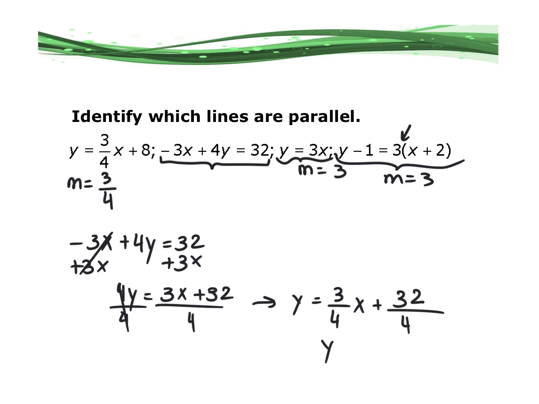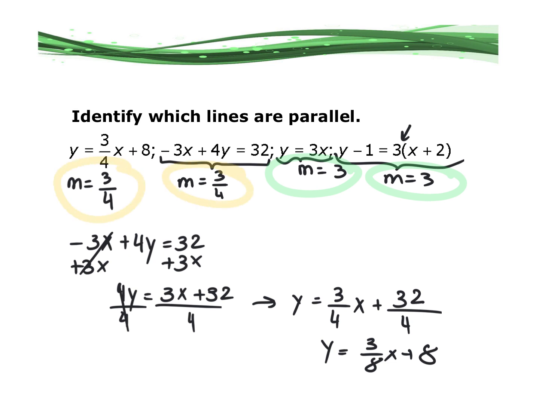Now, 32 over 4 simplifies to 8, so I'm going to actually go ahead and write that down. Now, based on the slopes, we have that these two are parallel and these two are parallel.